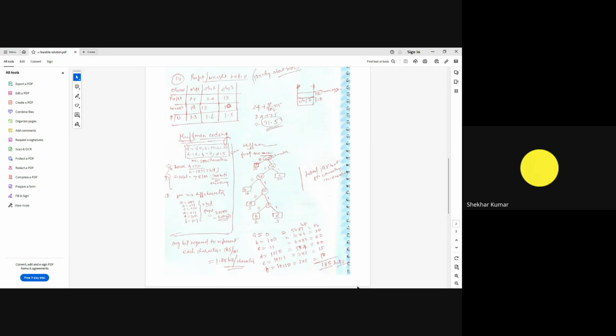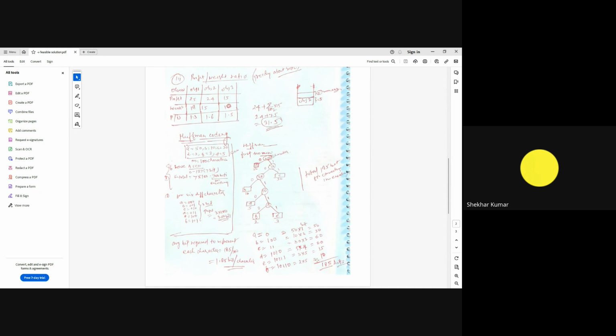If we had used ASCII coding, we would have required 700 bits. If we had used fixed coding where we require 3 bits for each character, then we require 300 bits. But when we use Huffman coding, we require only 185 bits.